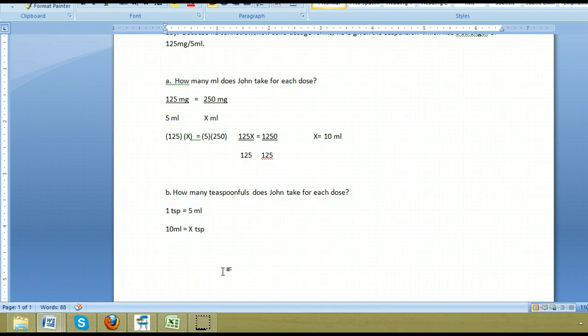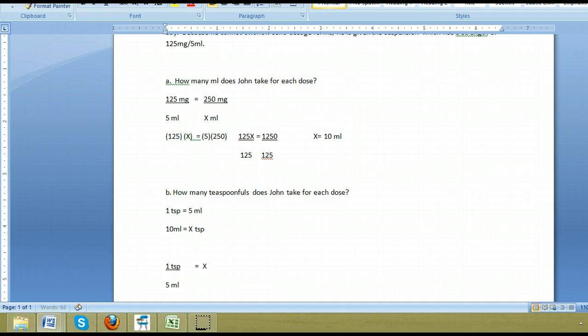We're going to rewrite what we have horizontal here vertically. So I'm going to type 1 teaspoon all over 5 mils. Put my equal sign here, okay?